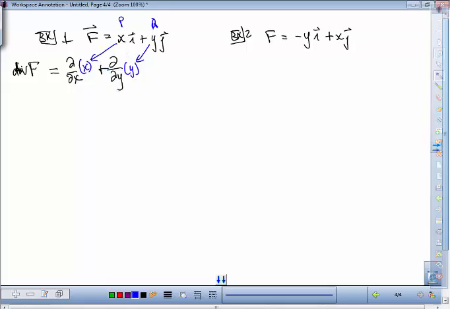The derivative of x with respect to x is 1, and the derivative of y with respect to y is 1. So this is a div of 2.